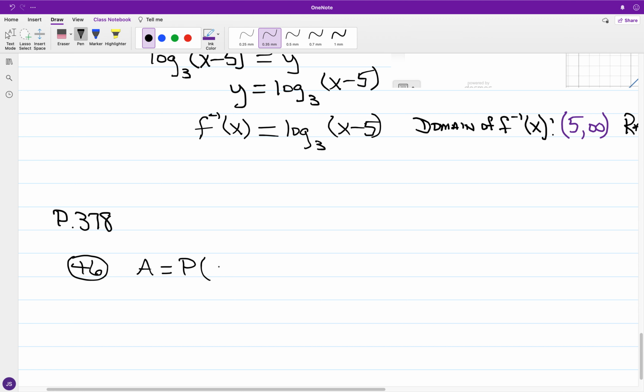So you have A is equal to P times the quantity 1 plus r over n, raised to the n times t power. For the values concerned, for what is financed, you have P in the amount of $8,000.